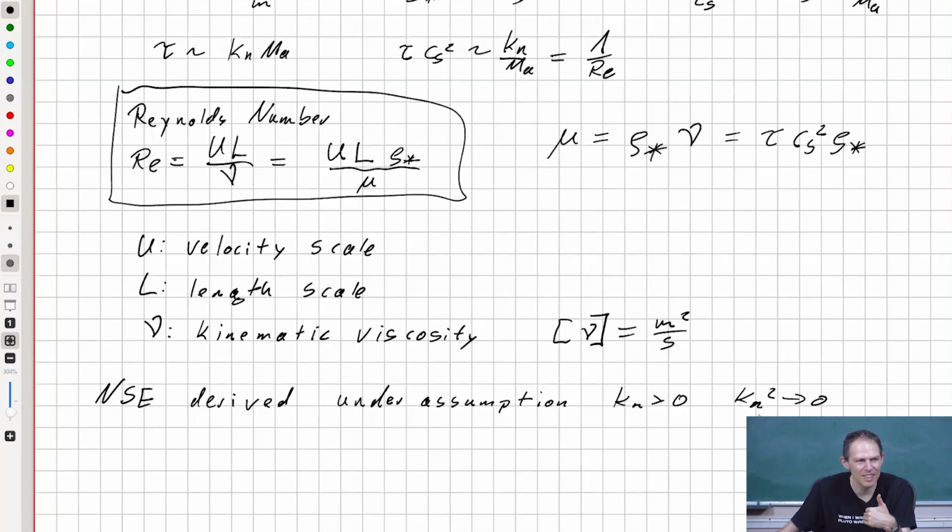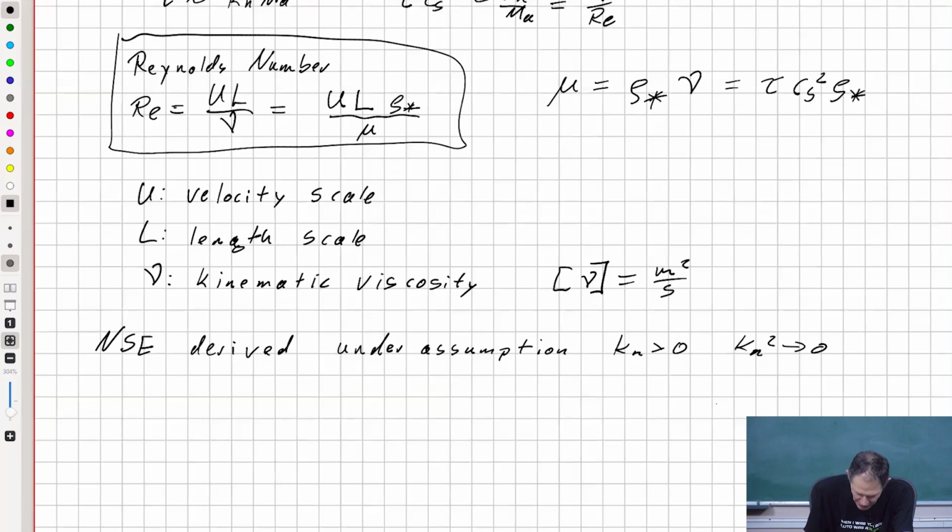This is why, after the Navier-Stokes equation, it actually becomes difficult to describe these higher order terms in a continuous fashion. And then you would be better off starting with the Boltzmann equation itself rather than trying to develop the Boltzmann equation to higher orders. Okay.